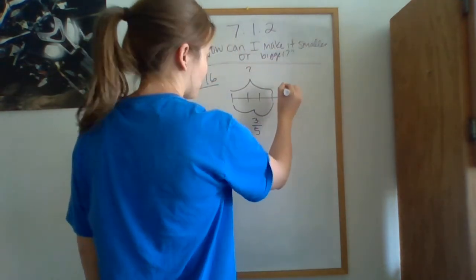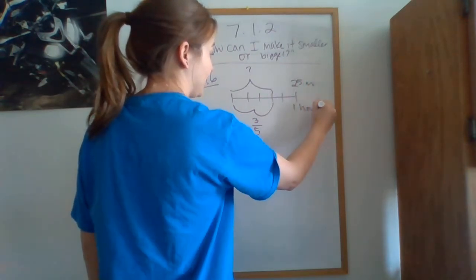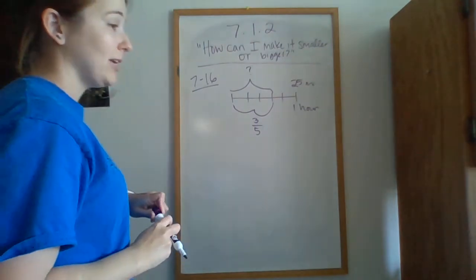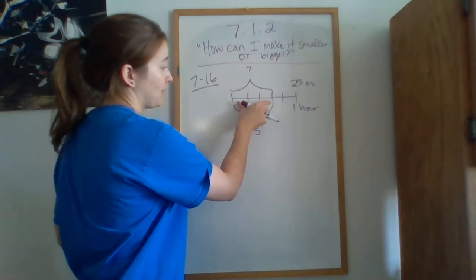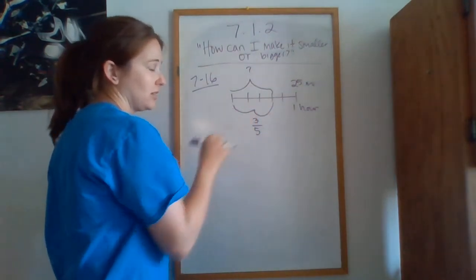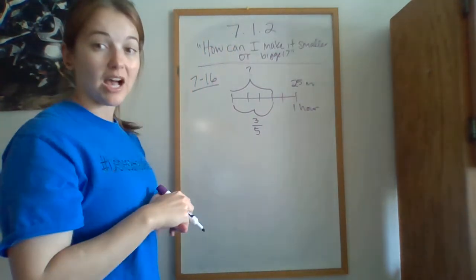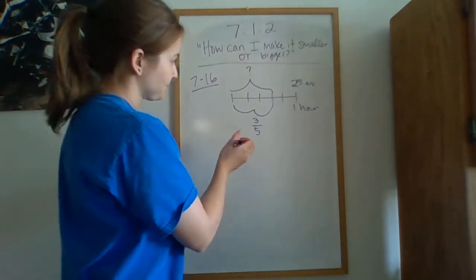And then it says 25 miles and it says 1 hour. So it says how many miles had he ridden when he stopped. So here's where he stopped. And we want to know how many miles fit inside of this 3/5. And we're doing a total of 25 miles because that's how much he can go in an hour.